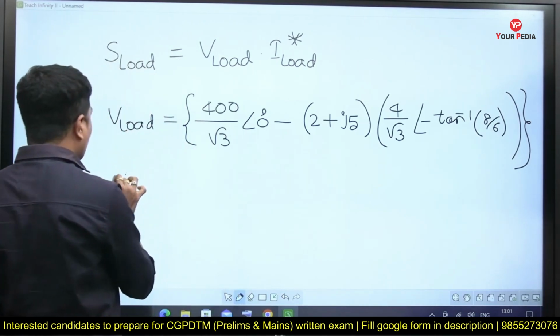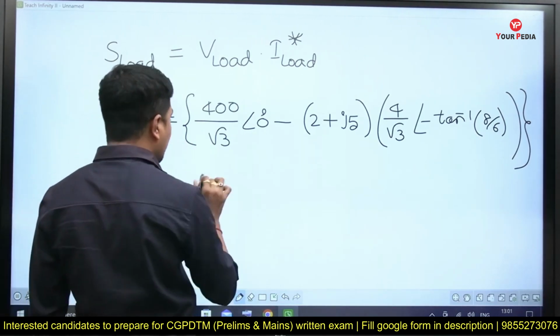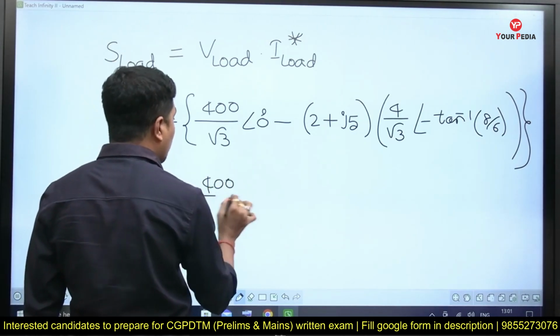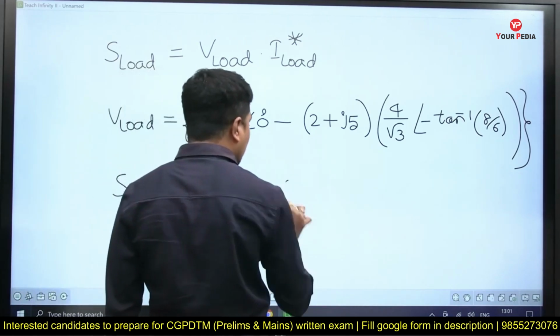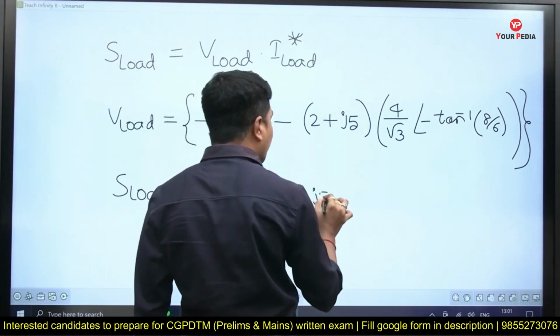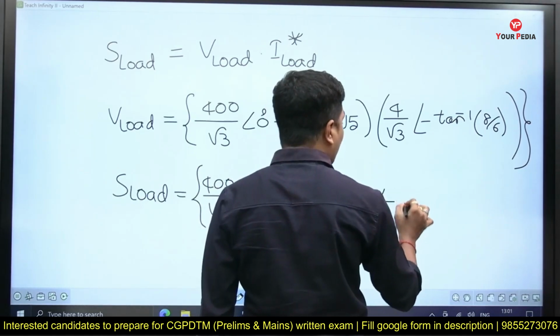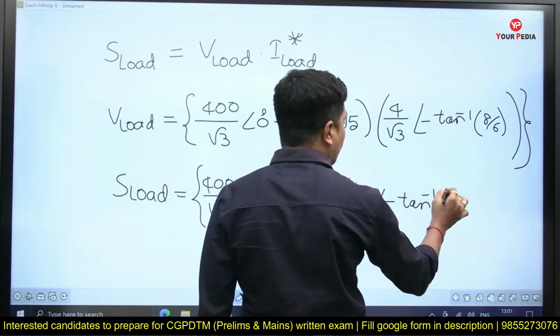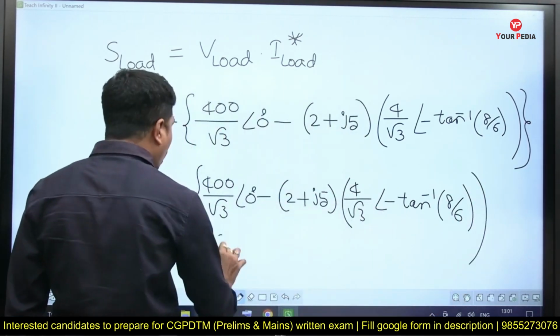Now S load is equal to V load, how much is it? 400 by root 3 at an angle of 0 degrees minus (2 plus j5) into 4 by root 3 at an angle of minus tan inverse of 8 by 6, into I conjugate.